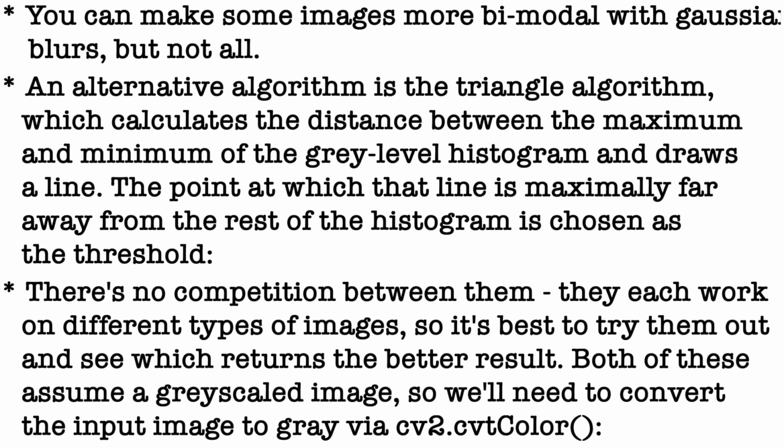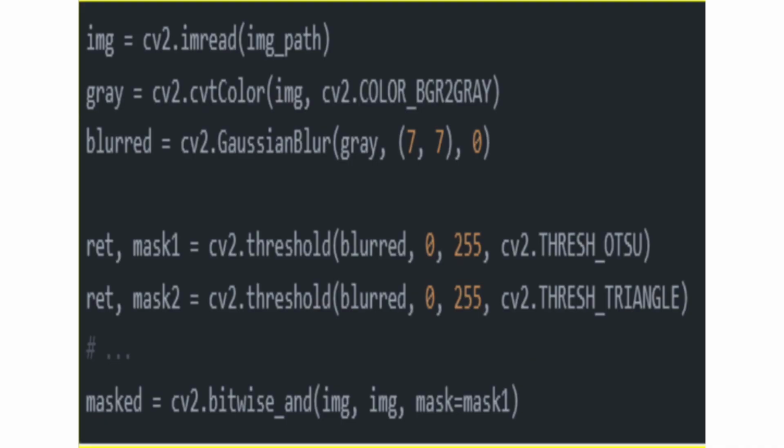Both of these assume gray-scaled images, so we'll need to convert the input image to gray via cv2.cvtColor. Now, in this Python code, we can see cv2.cvtColor convert the picture into gray level scale.